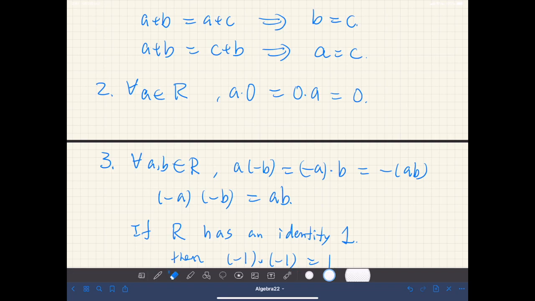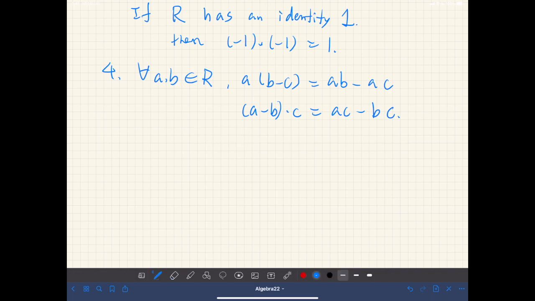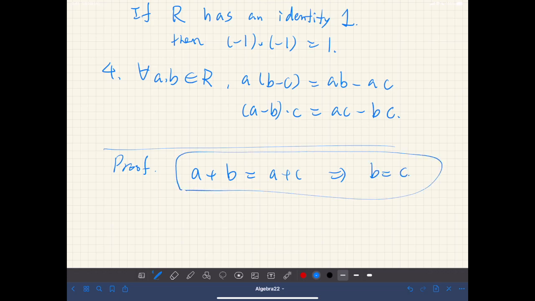Okay, let's prove this. First, this one: A plus B is equal to A plus C implies B is equal to C. We want to prove this, but please be careful.